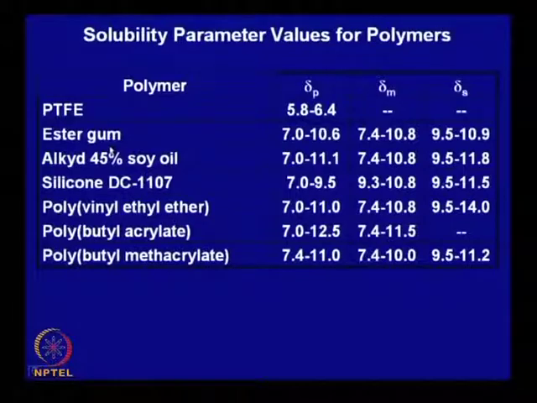Ester gum is a resin made from terephthalic acid and phthalic anhydride, or terephthalic acid and some glycol, sometimes using oils in combination.